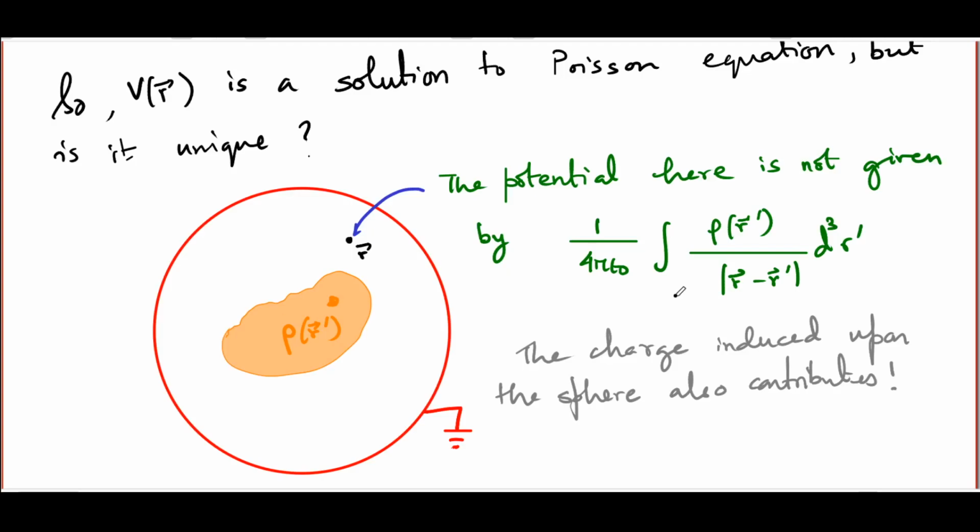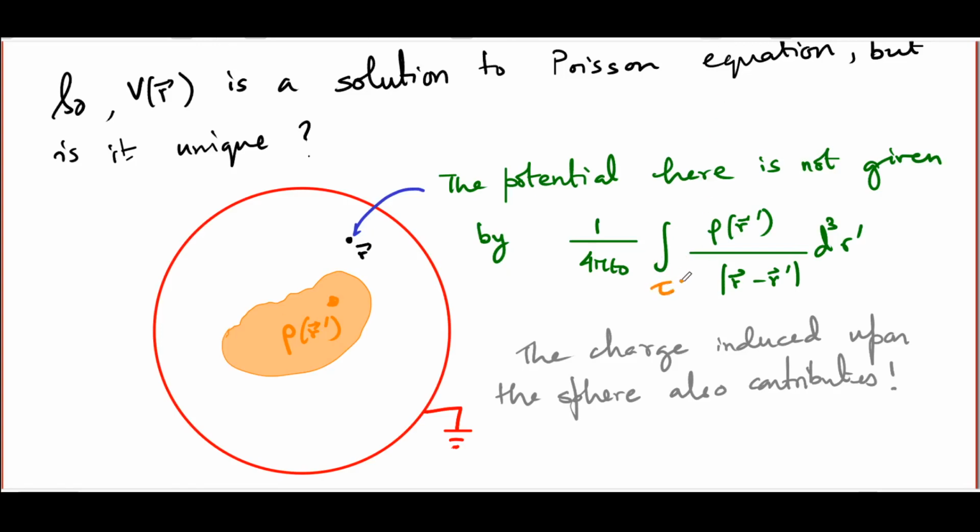As an example, if you had a charge density given by rho of r prime within this orange region here, and this whole charge density was surrounded by a conducting sphere which was connected to the ground, then the potential at a point r in this region would not be given by 1 over 4 pi epsilon 0 integral of rho r prime by mod of r minus r prime d cube r prime over this orange region tau.